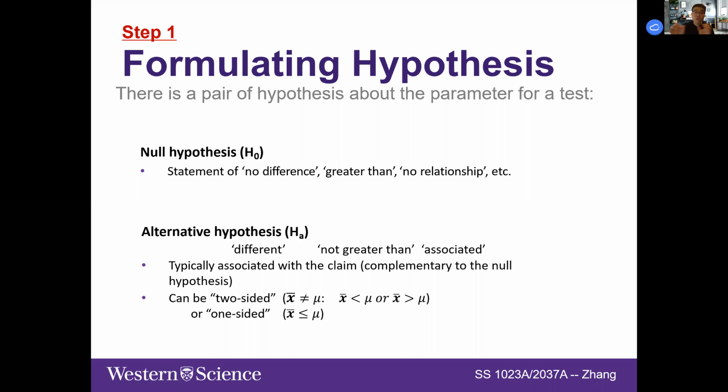So there are 2 possibilities in this not greater than hypothesis. Similarly, for the no relationship hypothesis, we will look for whether there is an association between our variables. Okay, any questions so far?